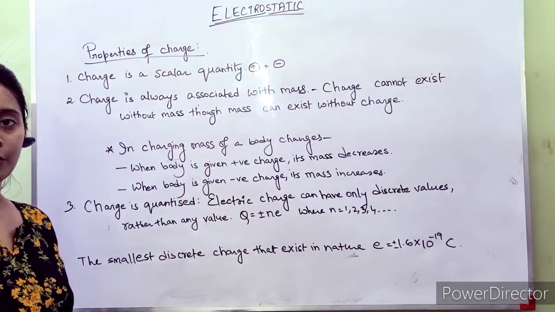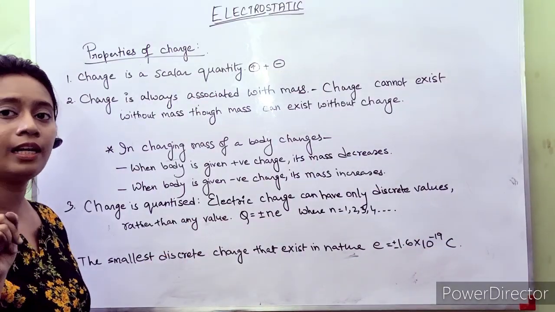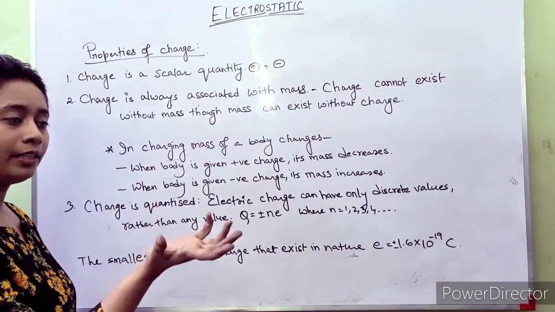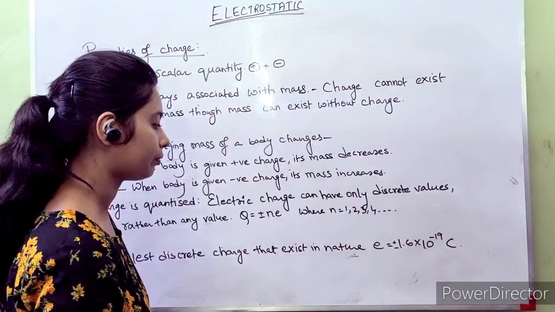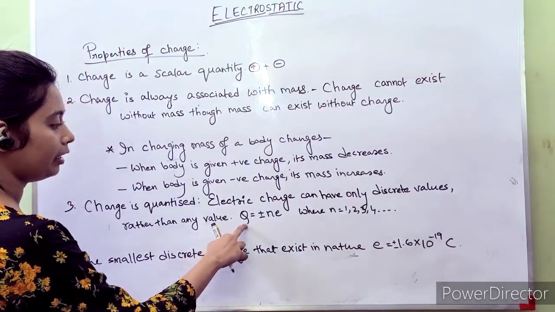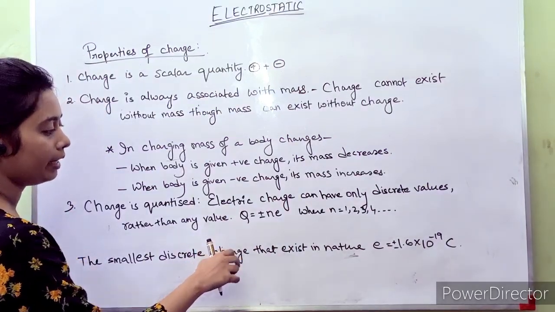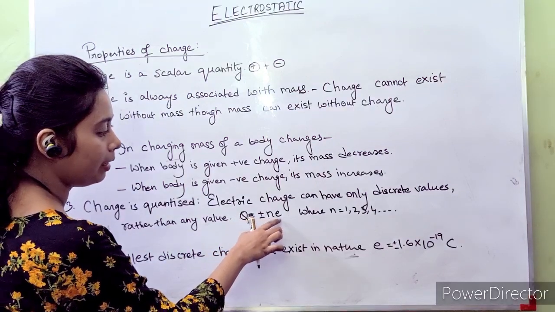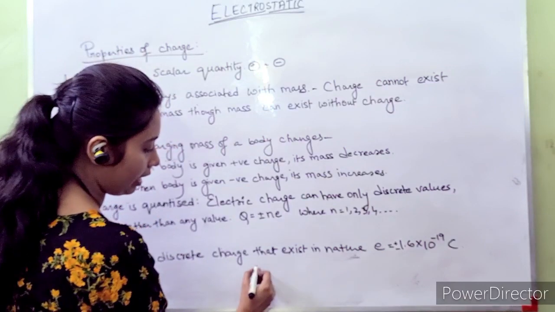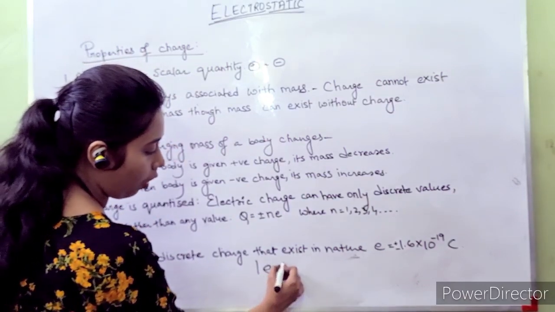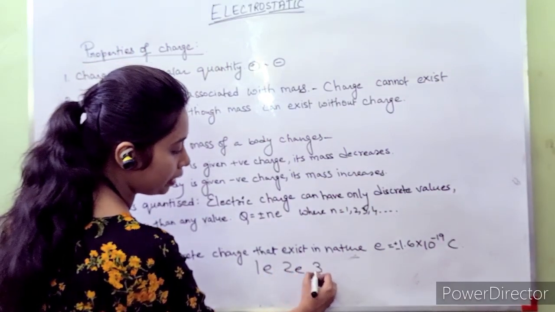This charge is actually the charge of a single electron. Either you can take one electron or you can give one electron. So the charge in a body is always the integral multiple of this charge. Either it has to be 1 electron or 2 electrons or 3 electrons.